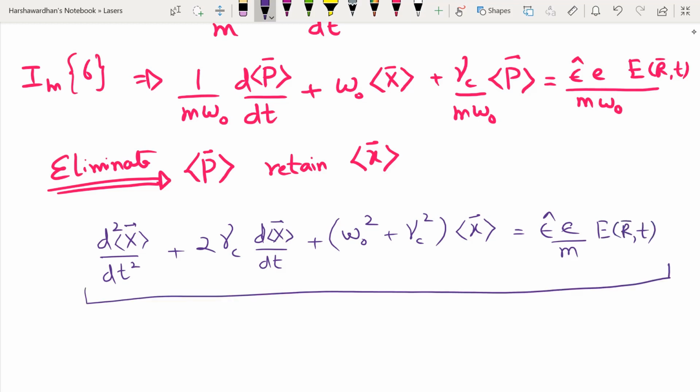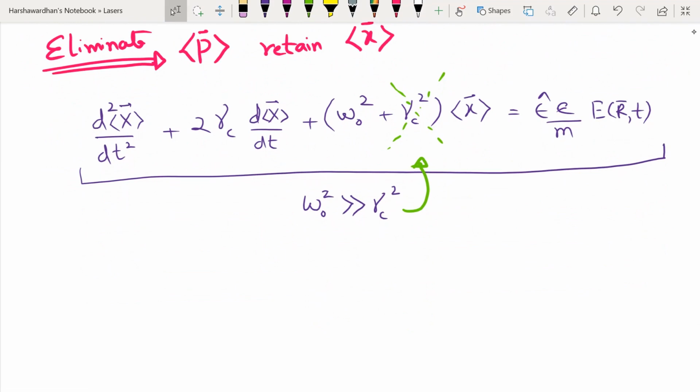You know that collisions do occur quite frequently in normal time scale, but you see that omega naught is much larger than gamma c. So essentially I can neglect this gamma c square term from here, right?